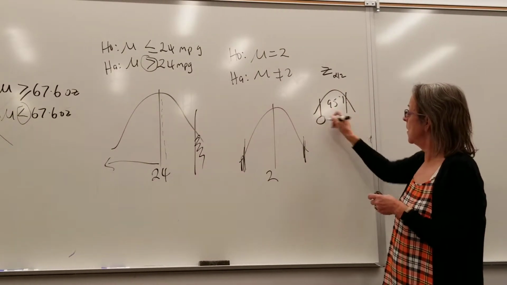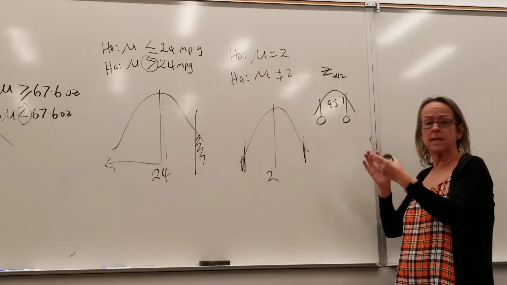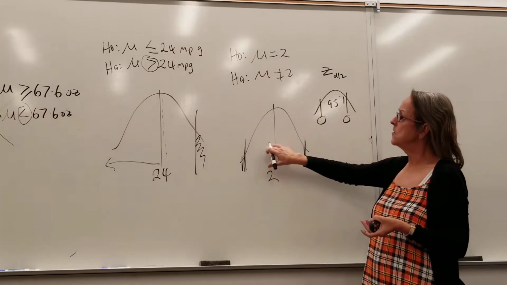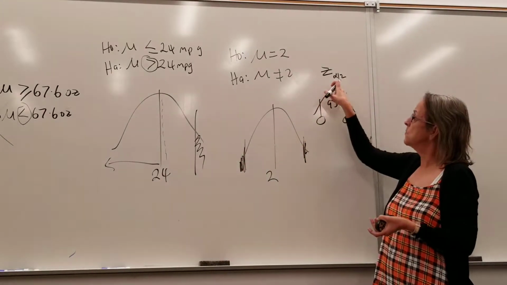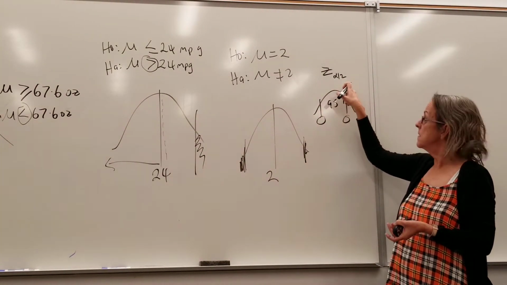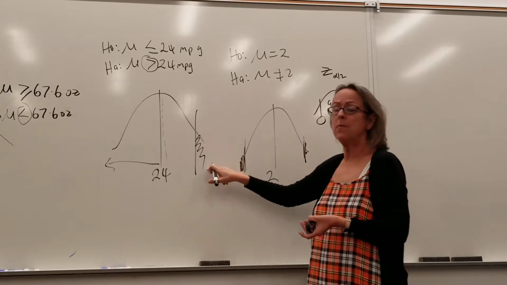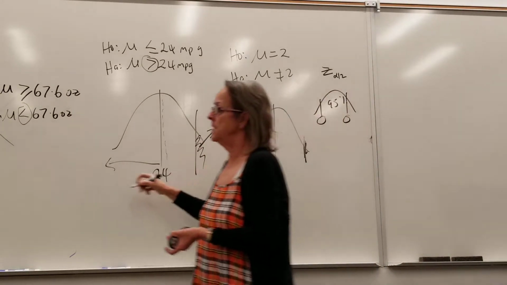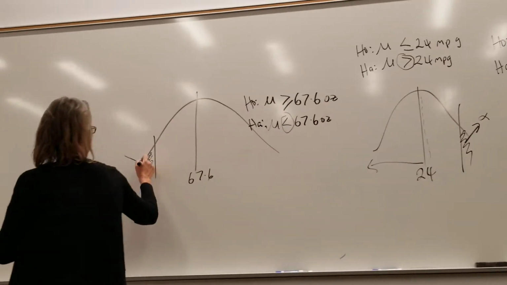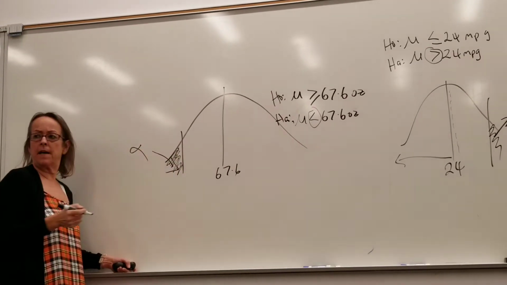Because that's what a confidence interval is, the middle 95%. And that's still what we're doing when we do a two-tailed test. We're still splitting the alpha between two ends. But here we're not. Here we put all of alpha in the right tail, and over here we put all of alpha in the left tail.